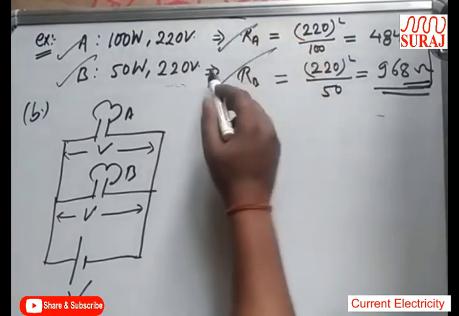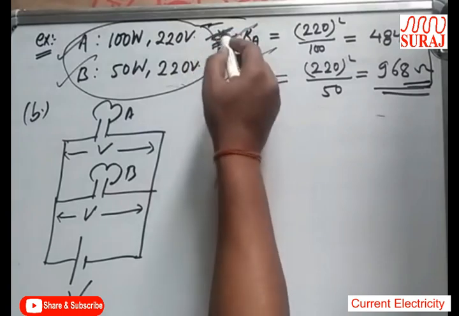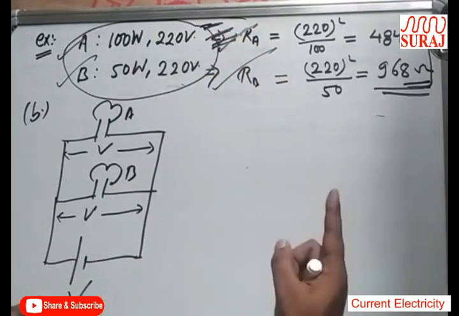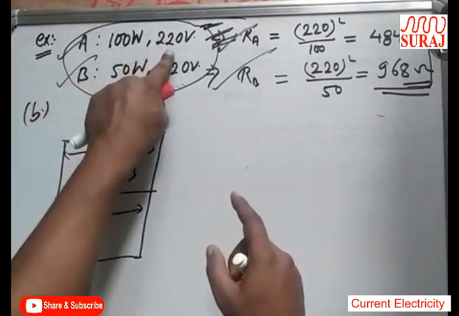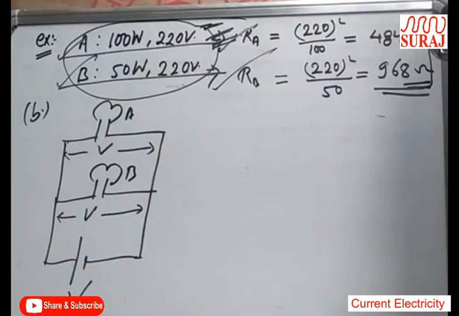Resistance will be the same because it is calculated from the rating only. We do not calculate the resistance from the applied source. We will always calculate it with the given rating. This standard is set by the manufacturer who provides you the instrument.